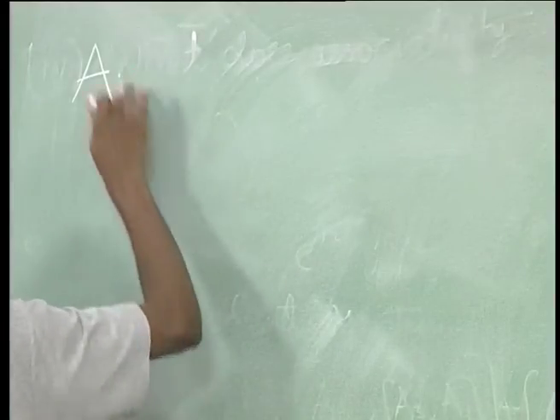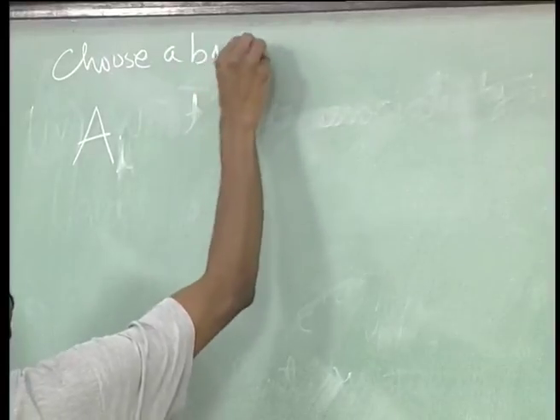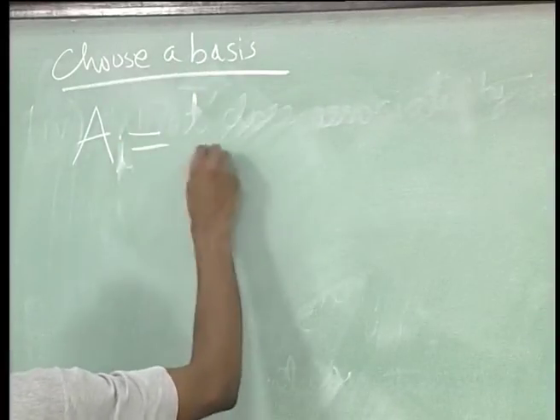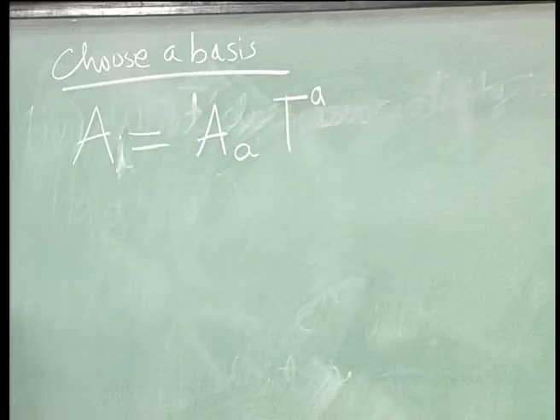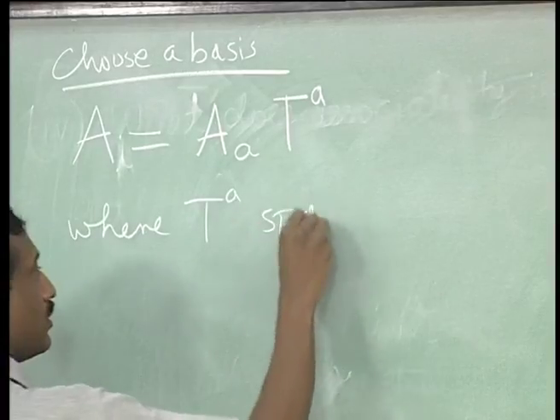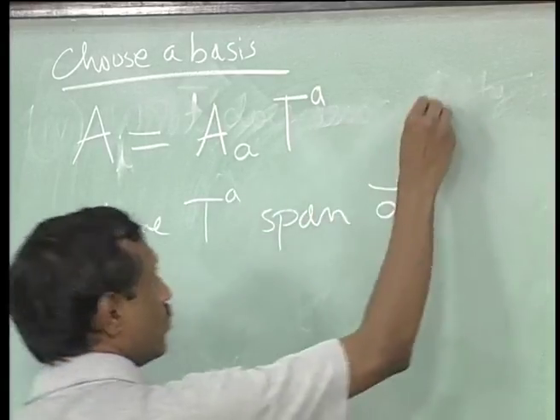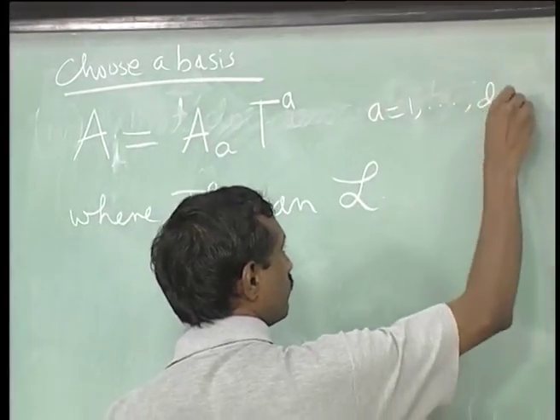So choose a basis, and we can write any A as a^a T_a, where the T_a span the linear vector space and a goes from 1 to the dimension of L.